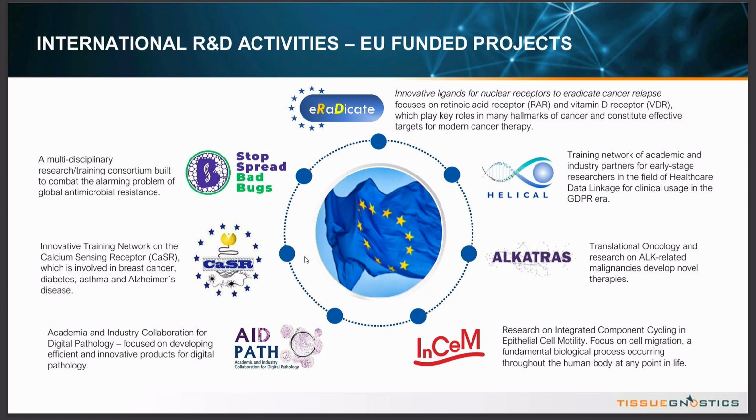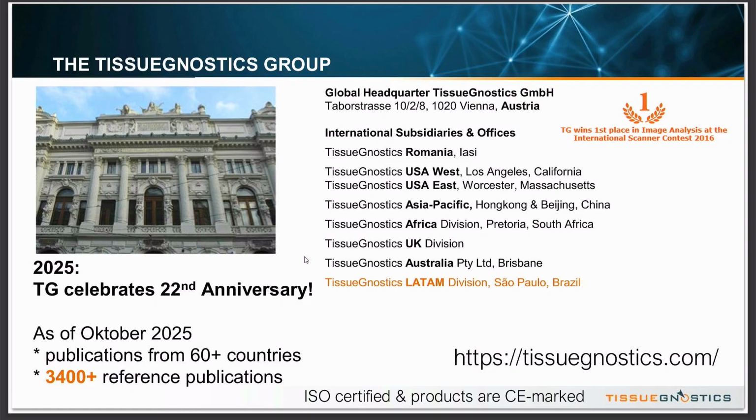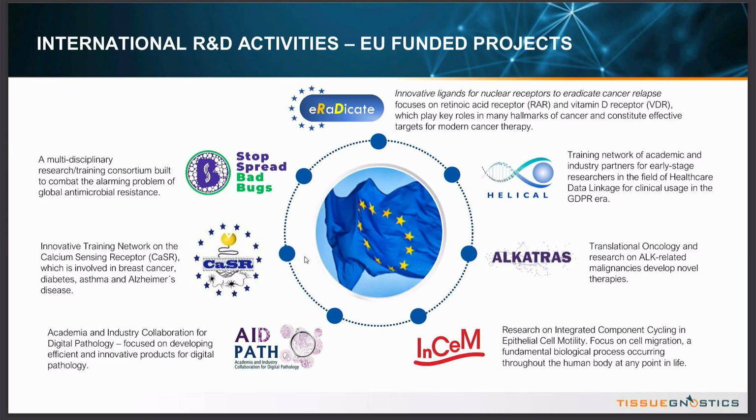And the projects in which we participated so far were EIDPath, which looked into computational pathology, INSEM with Technical University Aachen, where we looked at cell migration studies, Alcatraz, looking at anaplastic lymphoma kinase as a project in translational oncology, with University of Cambridge, the calcium sensing receptor network, Helical with Trinity College in Dublin, big data analysis by machine learning.